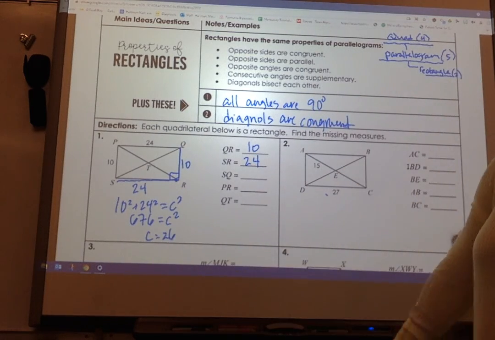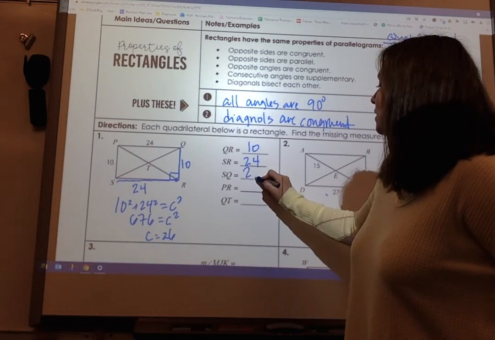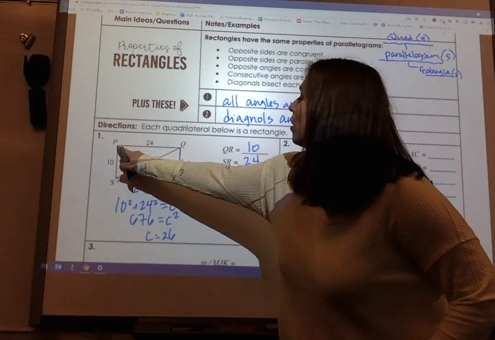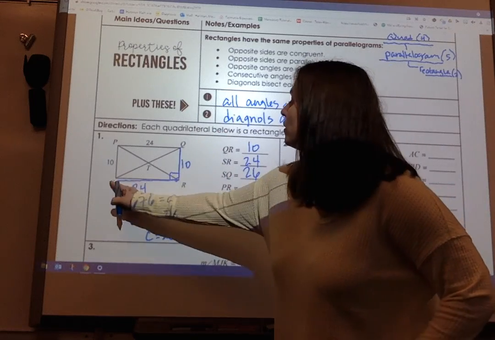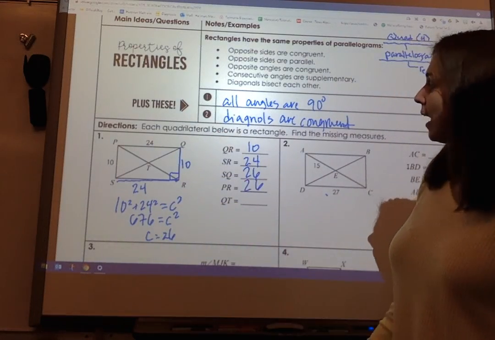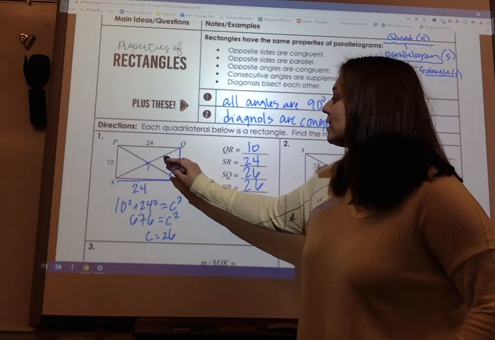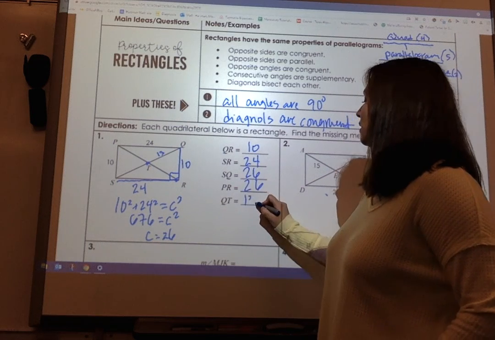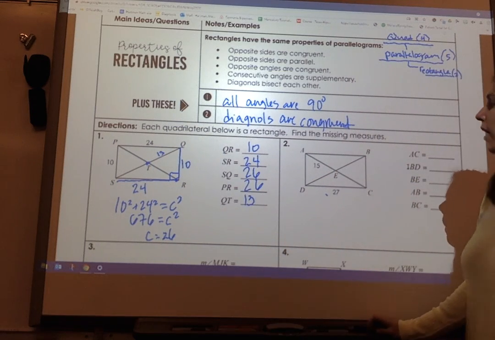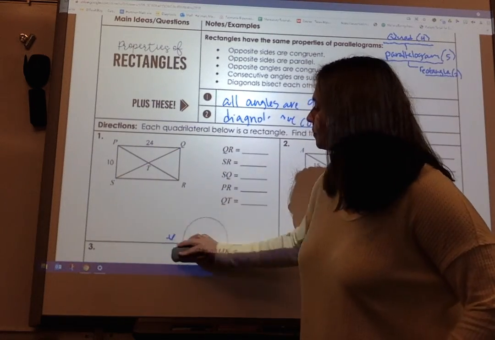So the length of SQ is 26. PR, it says diagonals are congruent, so if SQ is 26, PR is 26. And diagonals still bisect each other, so if this whole thing is 26, this is 13. So that's how we figure that out. So the Pythagorean theorem is going to come back into play.